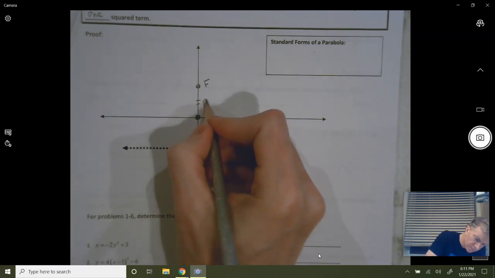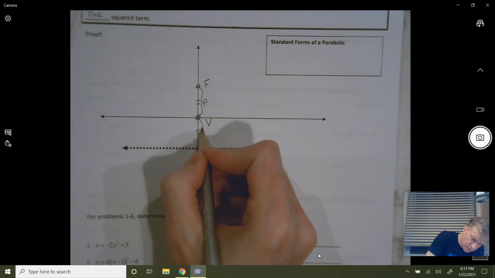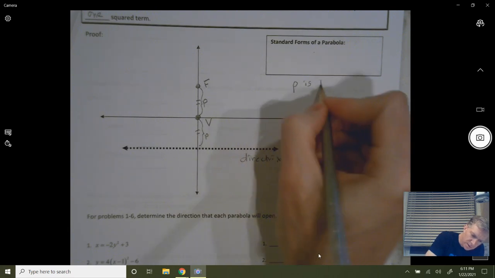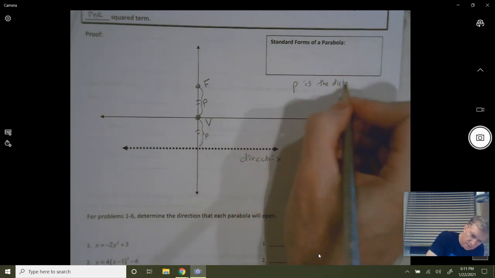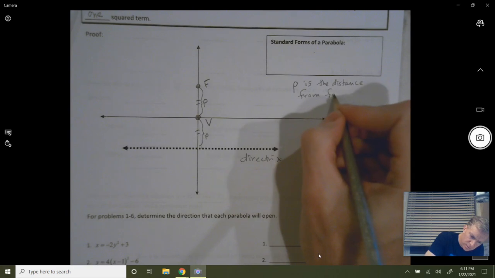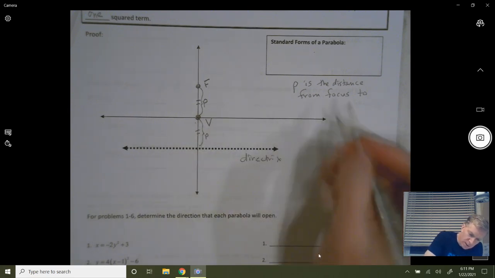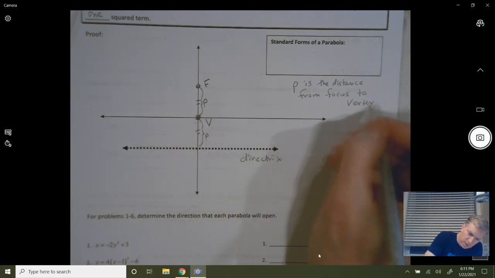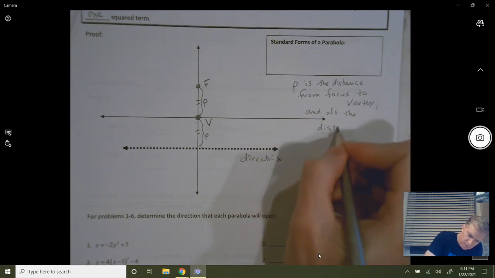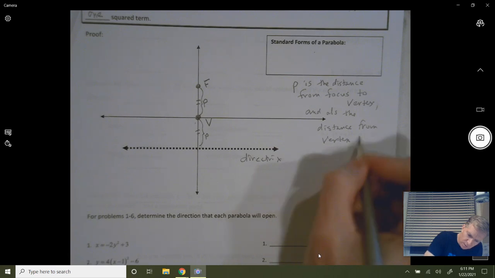We're going to call that P. Okay? This distance is P, and this distance will also be P. So we're going to say P is the distance from the fixed point, the focus, to the vertex, and also the distance from the vertex to the directrix.